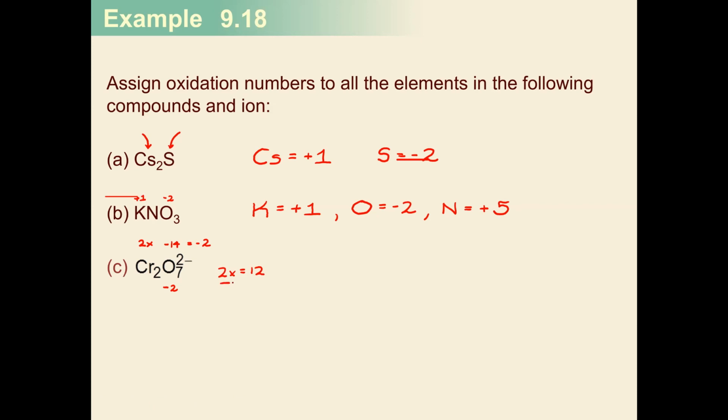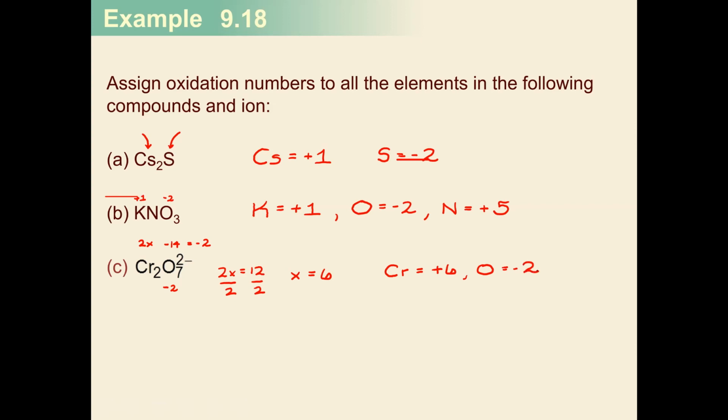Then if I divide both sides by 2, you will come to find out that each one of my chromiums is going to be 6. So when assigning this, we can say that my chromium is equal to +6, while my oxygen is going to have its normal ionic state of -2.